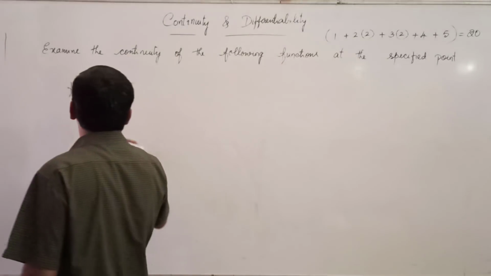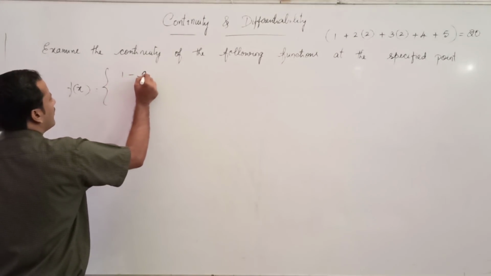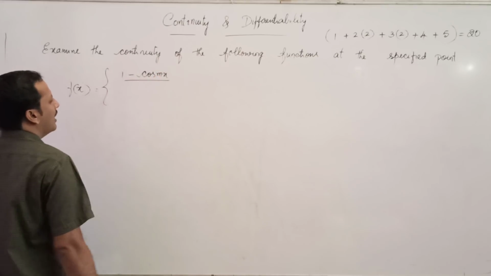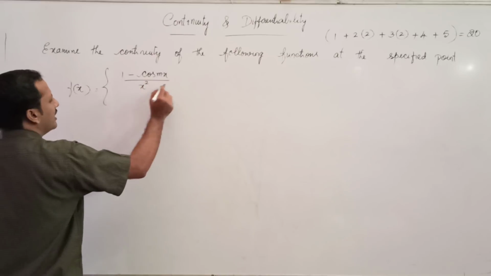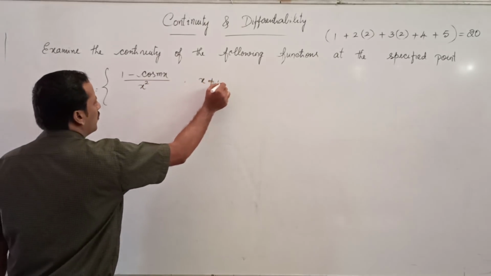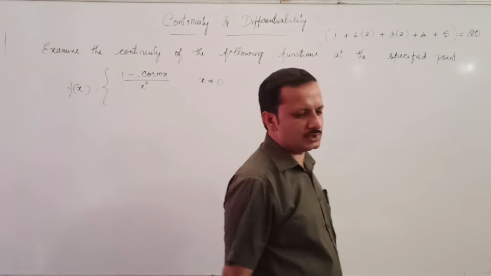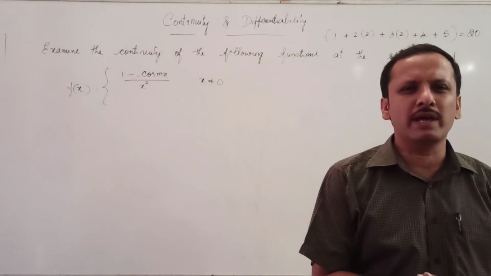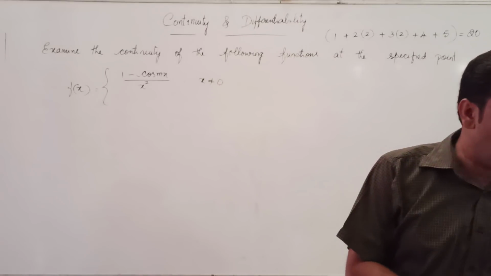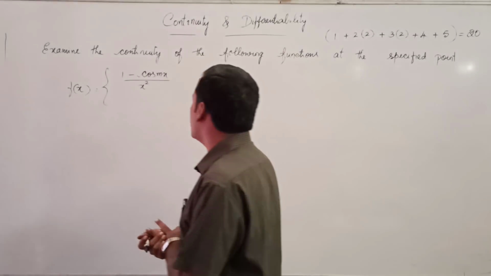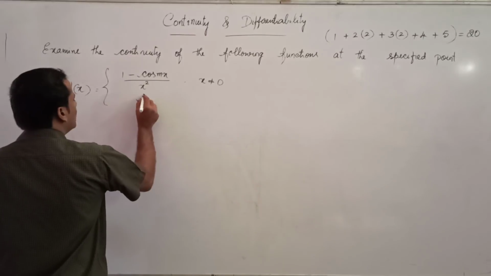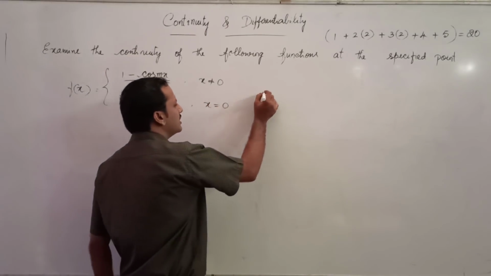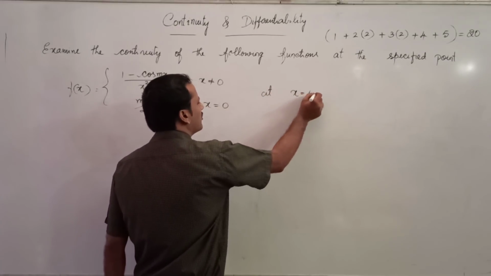f of x is equal to 1 minus cos mx by x square when x is not equal to 0, and it is m square by 2 when x is equal to 0.